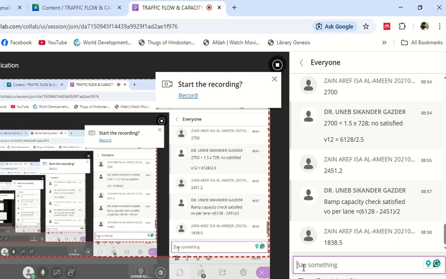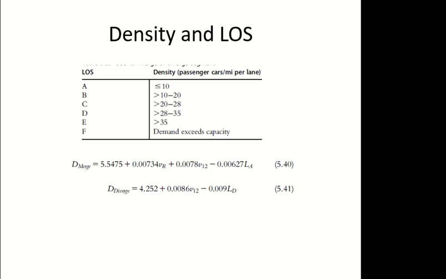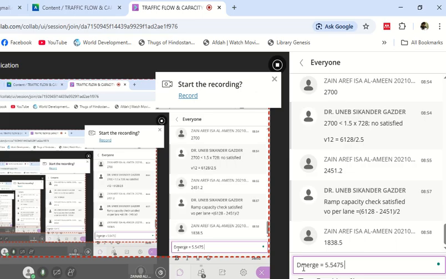So the density of merge section, 5.54. Since it is an equation, I will not round off the numbers.